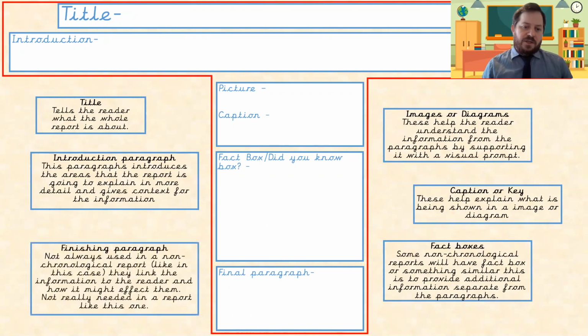And finally, the finishing paragraph. So this box up is a generic box up that will work for any non-chronological report. In this case, quite often with historic non-chronological reports, you don't have a final paragraph because it can be quite difficult to link the information to modern day or to the real life situation or to the reader. Now, you might be able to, but don't worry too much about this part in this non-chronological report.